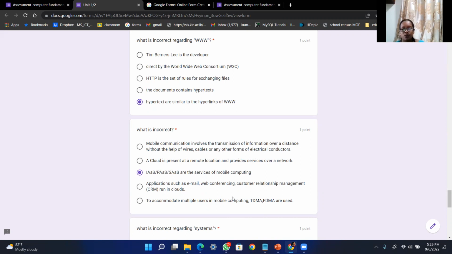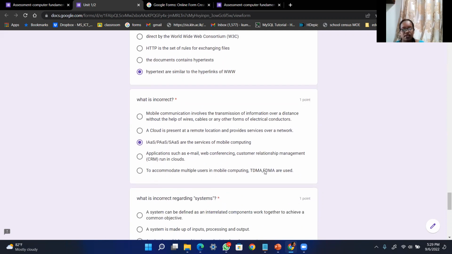That is needed to have mobile computing. Multiple access: when we are sharing the same communication channel among different devices, we have to have this kind of technologies.